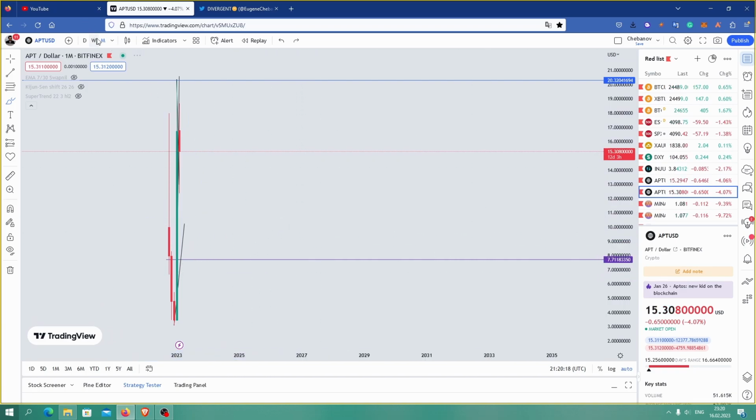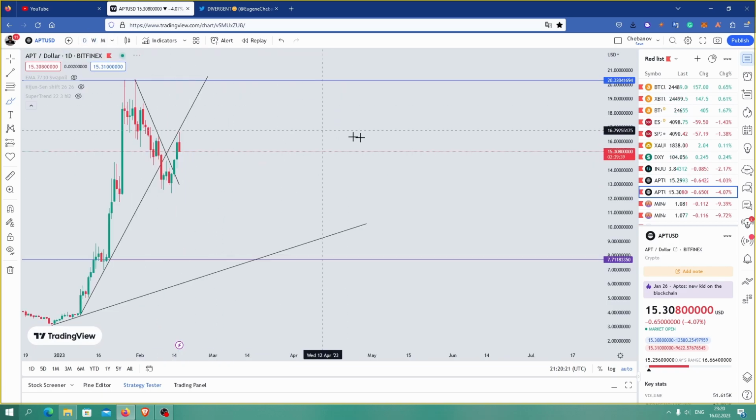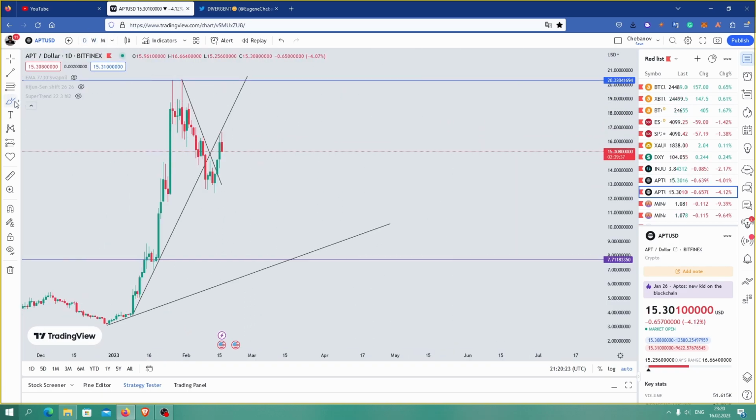Basically we need to follow how the monthly is going to close here. For now it is clear for me that the next one is going to be also to the downside, around $14-13, and then we will decide whether we are going, and there is high probability that we will go back, we will make some kind of expansion, and it is not going to look that big.